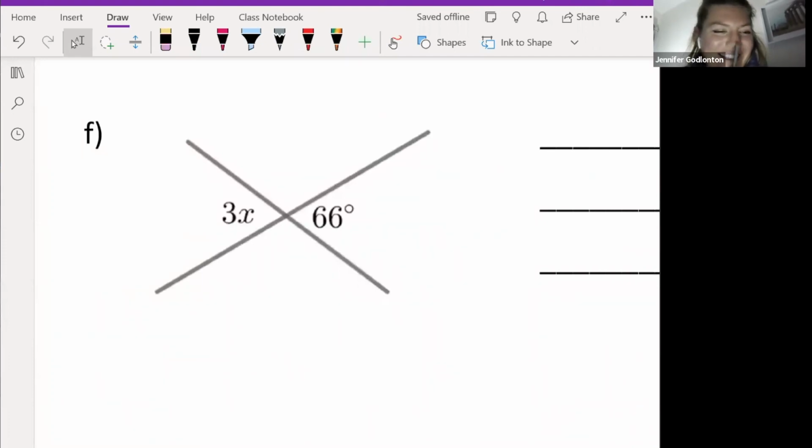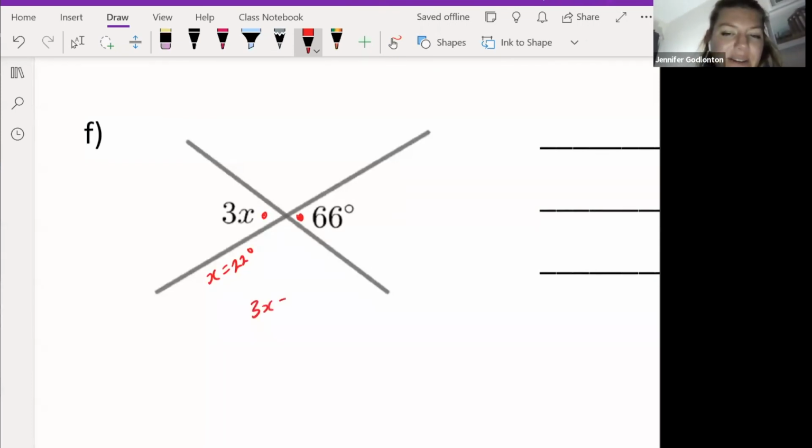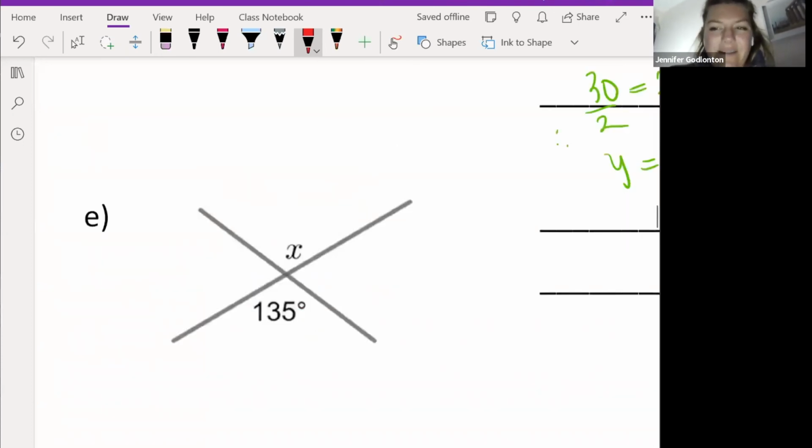Yes, Leon, Chando, Fatu. Good, 22. x is going to be 22 degrees. These two are equal to each other because of vertically opposite angles, and 66 divided by 3 is equal to 22. Nice. What does x equal? Yes, 135. They are vertically opposite. Good.